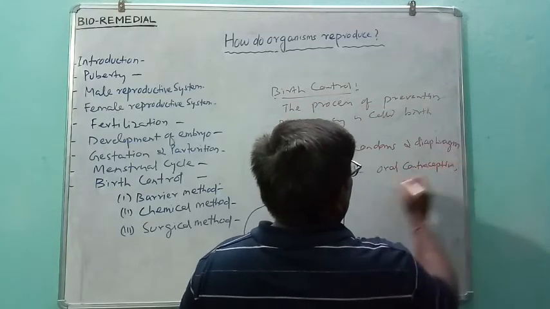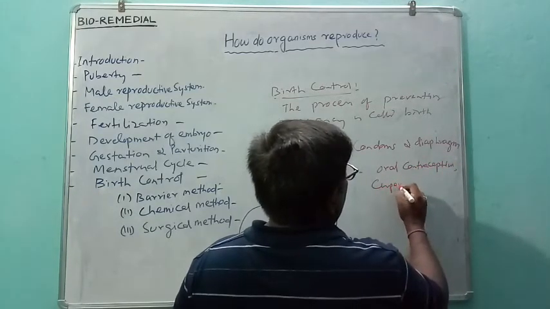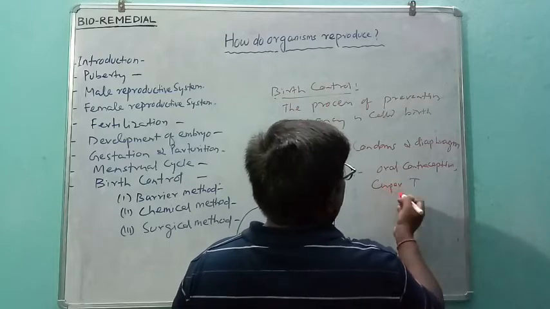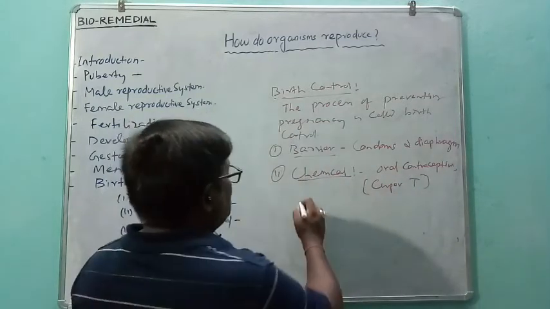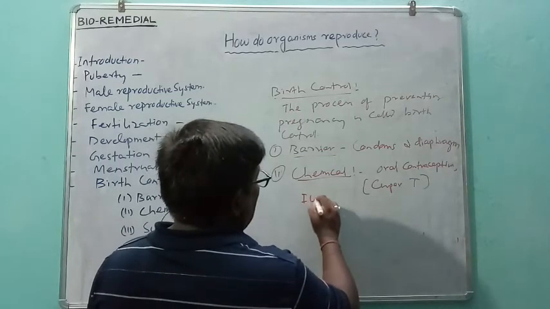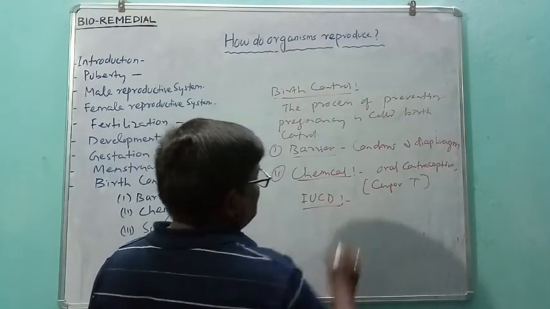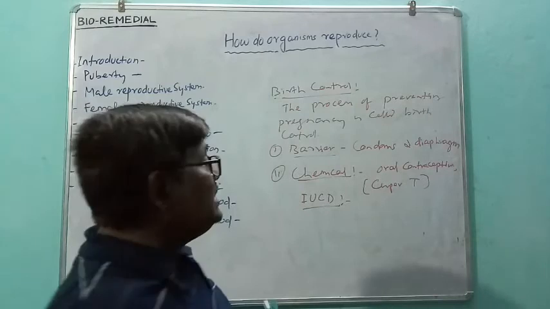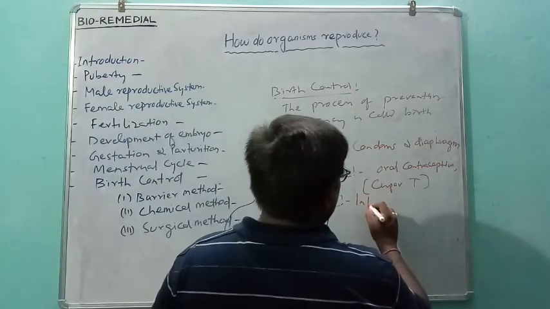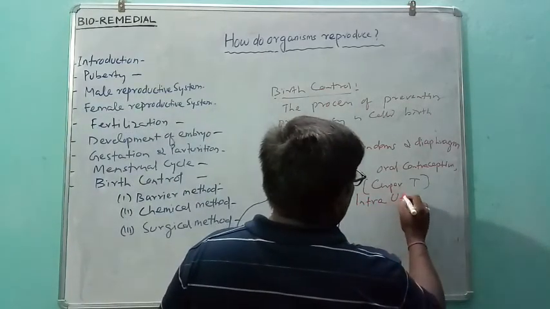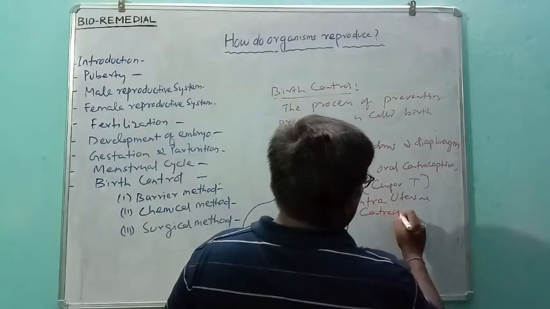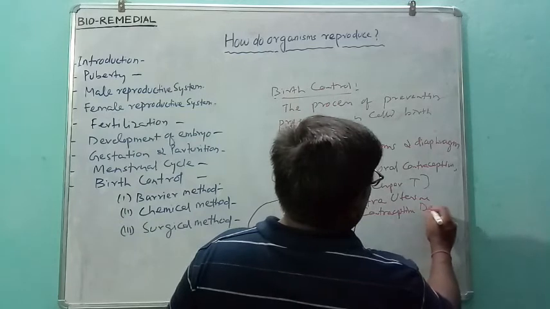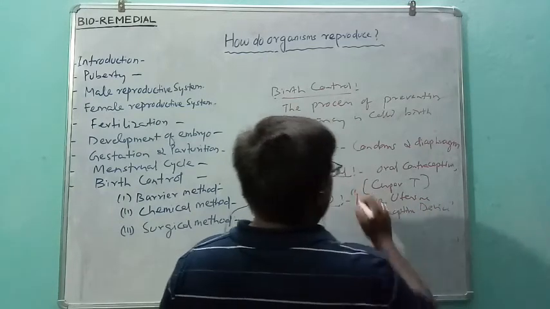Then another is copper T. Copper T is a device, also under chemical methods. It is known as IUCD, the intrauterine contraceptive device. It is actually a device which is used by a doctor.